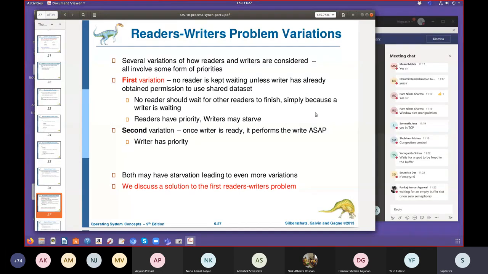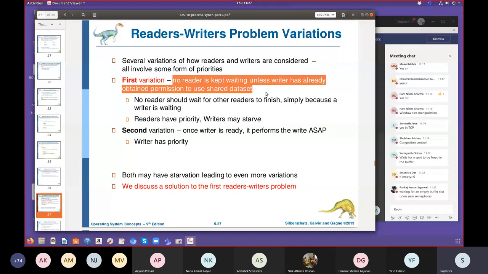Now, this is a very well-known problem and there are several variants. The variations are based on how readers and writers are prioritized. So let's briefly discuss two variations. In the first variation, the definition is: no reader should be kept waiting unless a writer has already obtained permission to use the shared dataset.